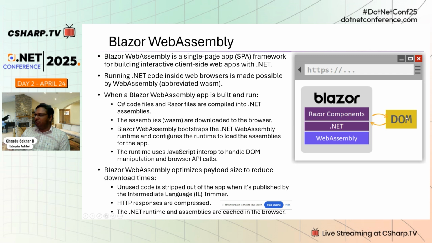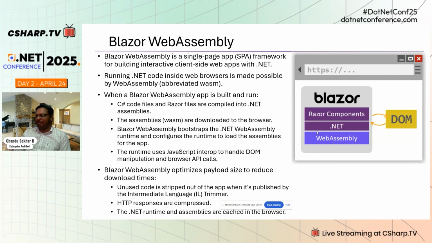Here it is not like a Blazor Server app. The runtime uses JavaScript interop to handle the DOM manipulations and browser API calls. Blazor WebAssembly also optimizes the payload size to reduce the download times. If you are building a very big application, the download time will be huge.